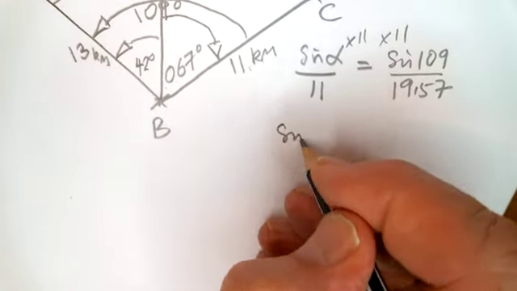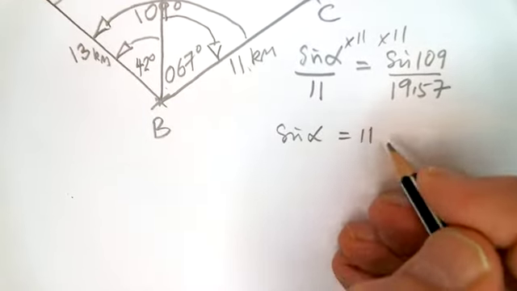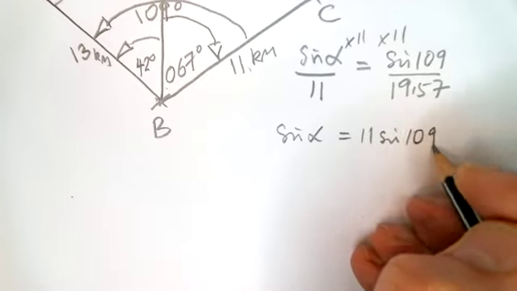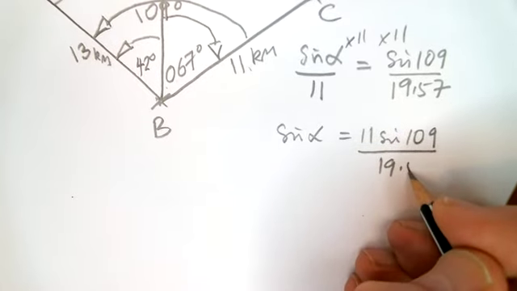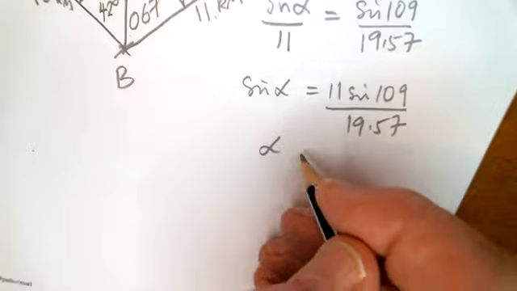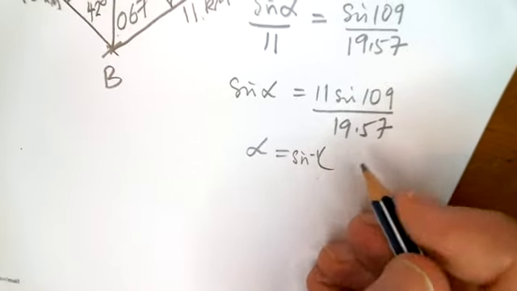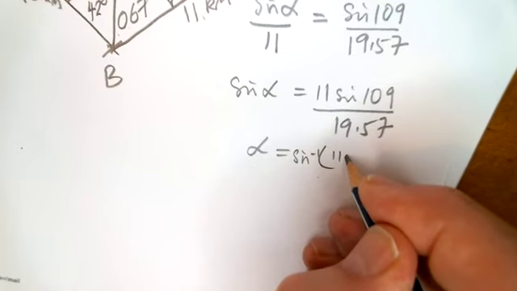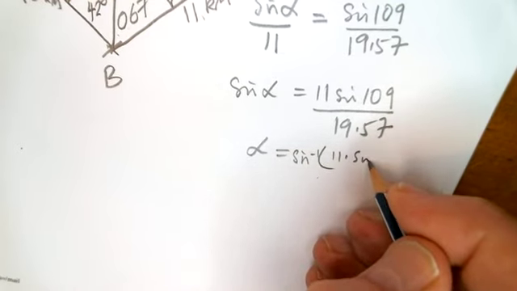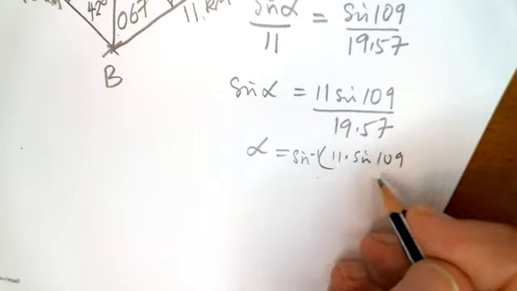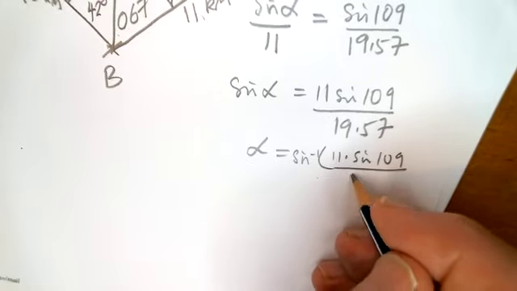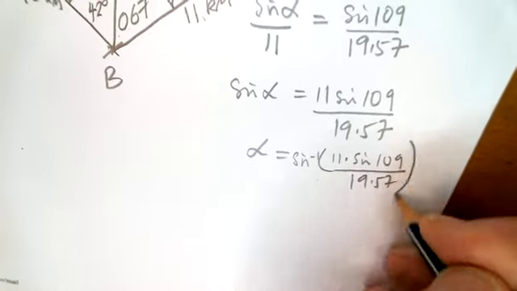So I've got sine alpha is equal to 11 sine 109 over 19.57. So alpha is equal to the arcsine of 11 times sine 109 all over 19.57.